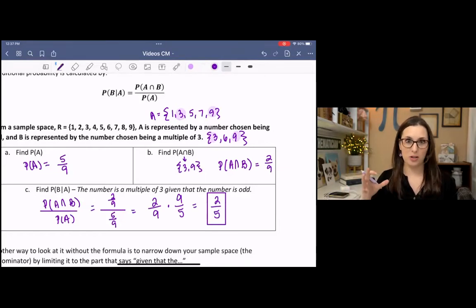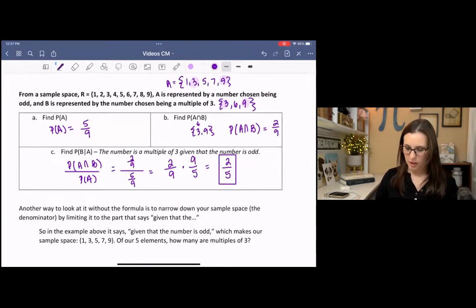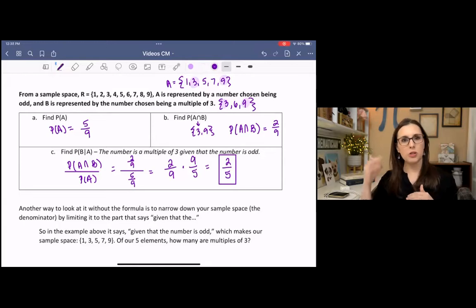So the probability of the number chosen being a multiple of 3, given that the number is odd, is a 2/5 chance, 2/5 probability. Another way to look at this is, instead of worrying about a formula, maybe understanding where that formula is coming from.